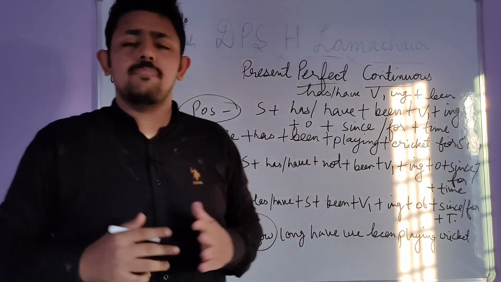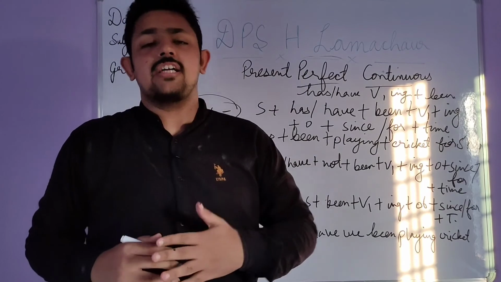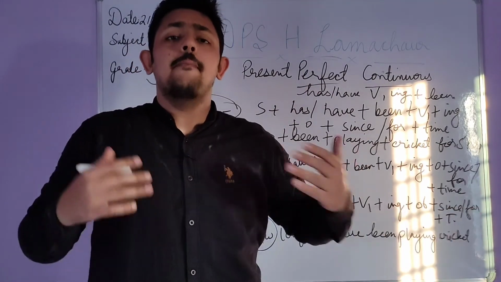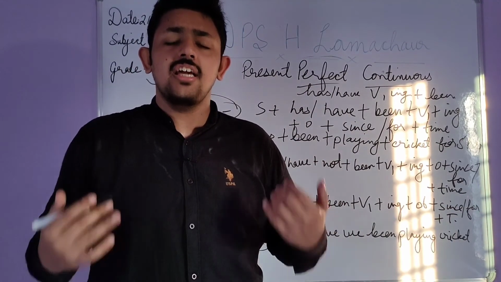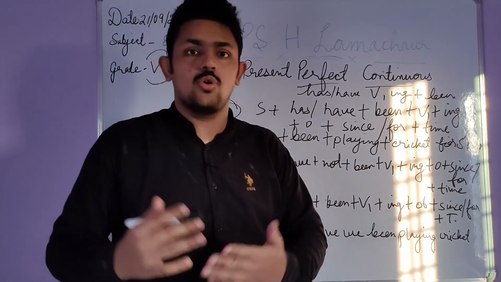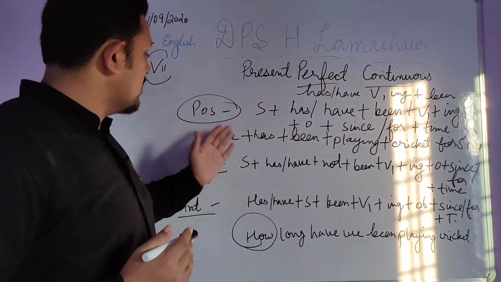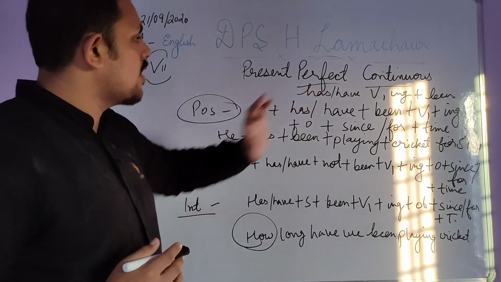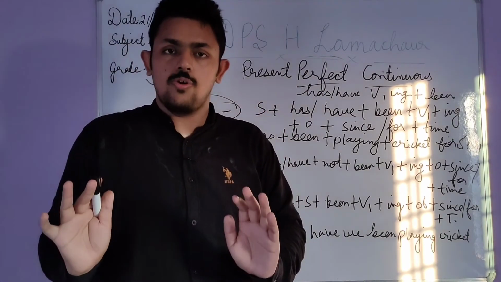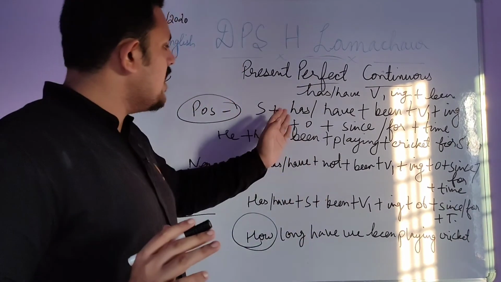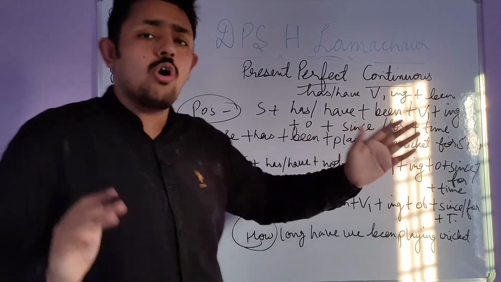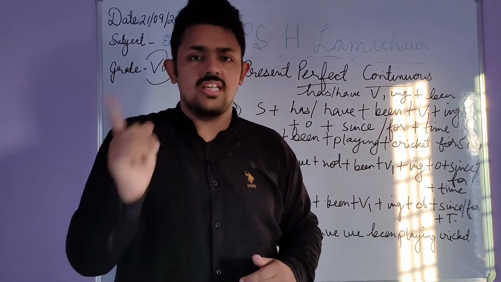Where to use present perfect continuous tense? When the action has begun in the past, but it is still continuing in the present and future. So the positive sentence, it is clear. We use has or have plus been plus the verb's first form. So he has been playing cricket for 5 hours. We use for or since.